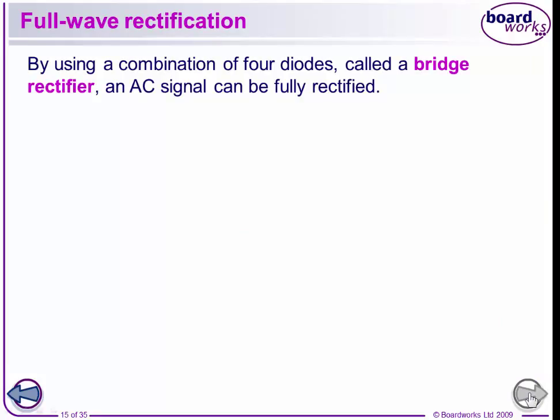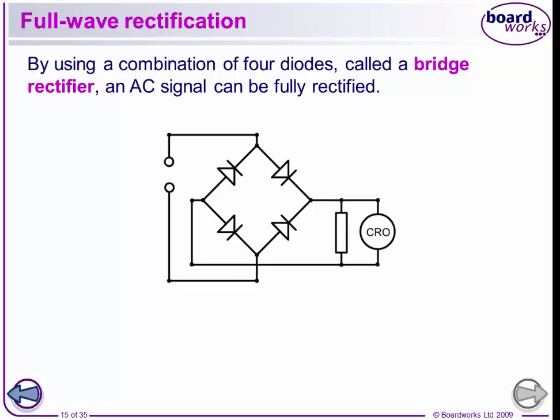Now, if we use a combination of 4 diodes called a bridge rectifier, an AC signal can be fully rectified. And this is the setup. Notice that the diodes point from left to right in this case.